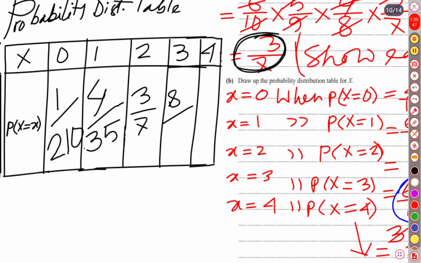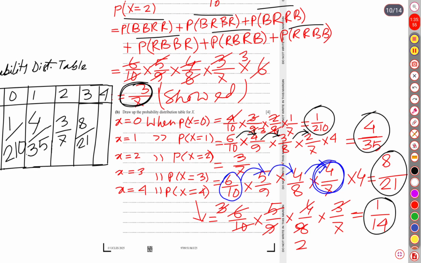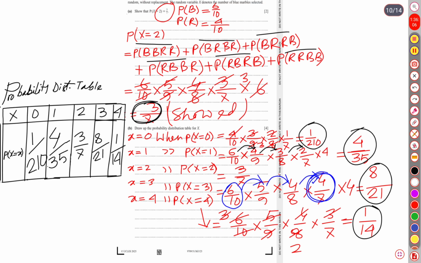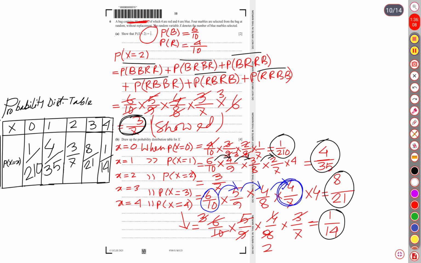And the probability of having 4 blue marbles is 1 over 14. I left them in exact form. You can convert it into decimal fraction also.